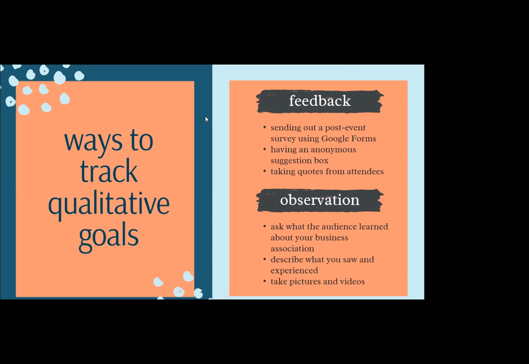Lots of us have seen after an event ends that there's a post-event survey of some kind. You can use Google Forms, you can use a good old pen and paper version. But I also think that having an anonymous suggestion box is something that has gone out of fashion and could be brought back at a business mixer.